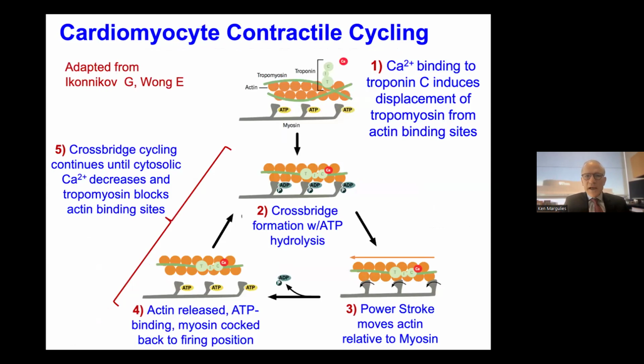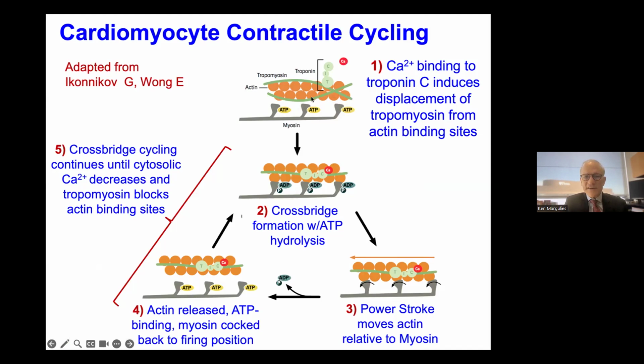So let's take a moment now going over the process by which that calcium that was released via calcium-induced calcium release, much larger amounts of calcium in the micromolar order of magnitude, into the cytoplasm. The first event is that there's calcium binding to troponin C, which is the subcomponent that binds calcium, and that induces displacement of tropomyosin.